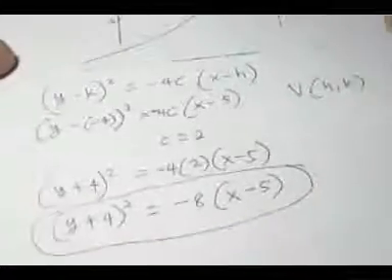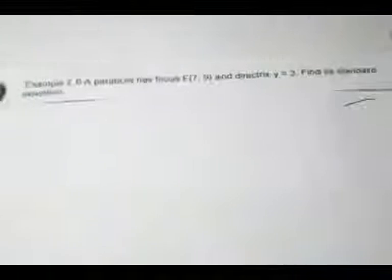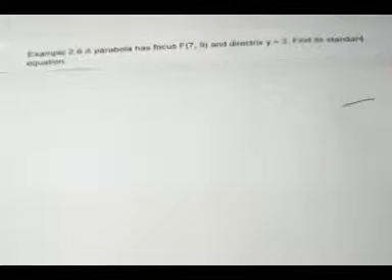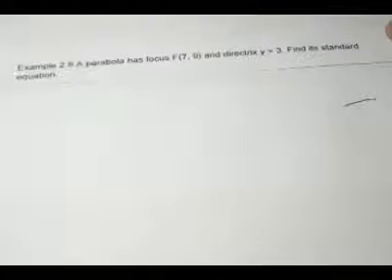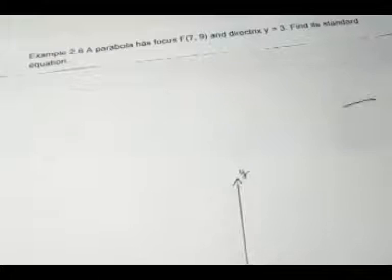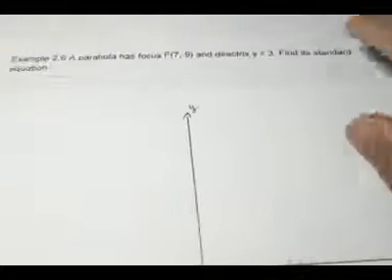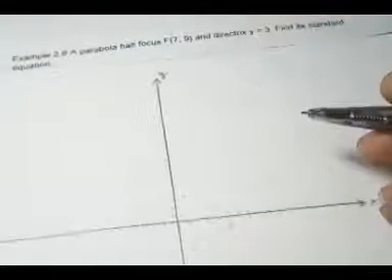Okay, so next problem. A parabola has focus F(7, 9) and directrix y equals 3. Find its standard equation. With that given in the problem, we can make a sketch. Supposing this is our coordinate plane, and referring to the problem, its focus is (7, 9).